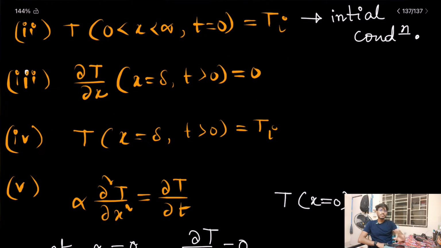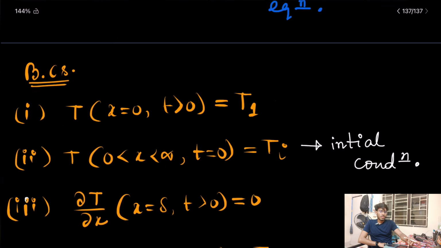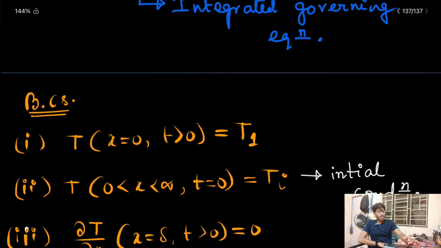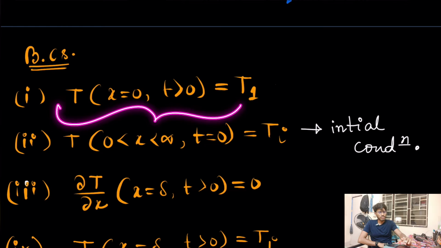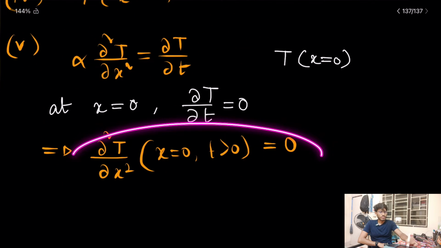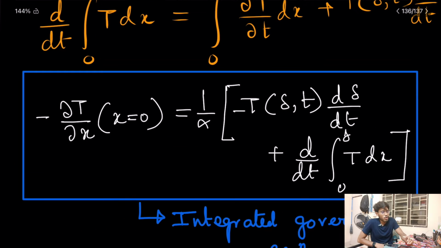So the problem is not overposed. But still, when you are describing something, to have an accurate description of the problem, you must say either this one or this one, according to the situation at hand. Clear? So now let us try to solve.